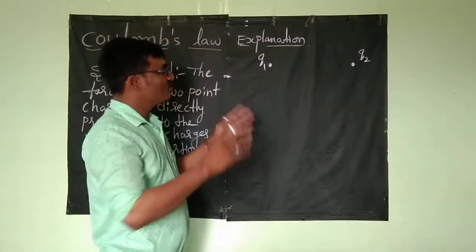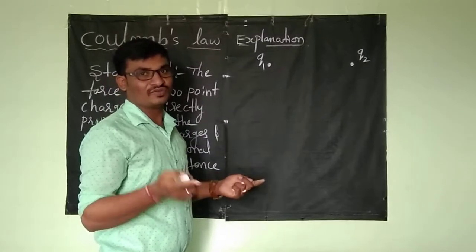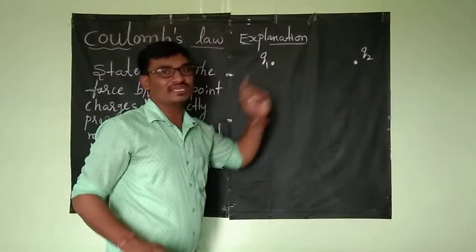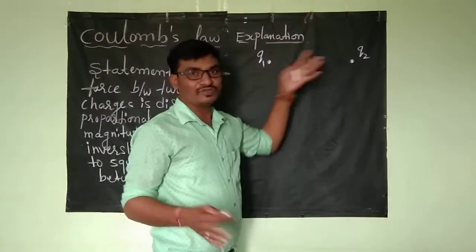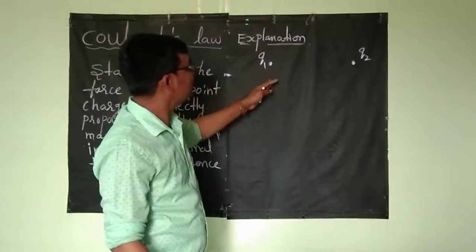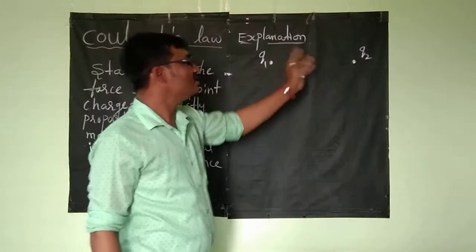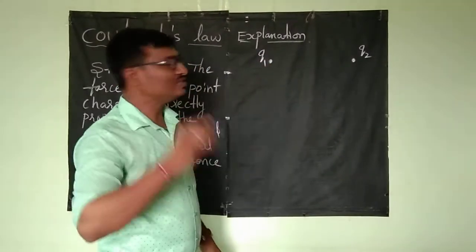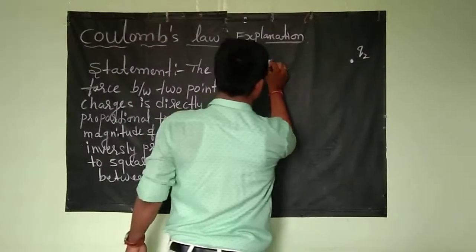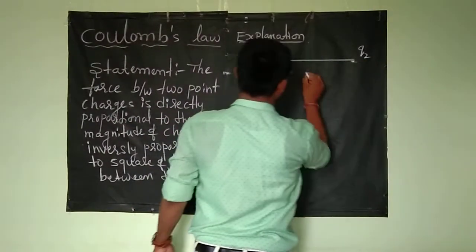We know that the force is repulsive when we consider the same kind of charges, and attractive when we consider opposite kinds of charges. But for explanation purposes I consider two same kind of charges Q1 as well as Q2. These two charges are separated by a distance r.